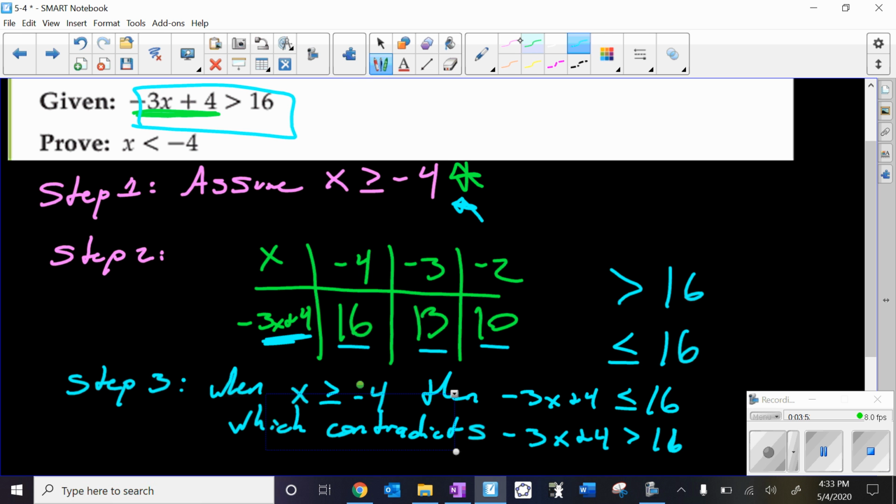You can see that's where I have my contradiction. I've got less than or equal to 16 and greater than 16 at the same time. That's your contradiction. You can't have both things happen at the same time.